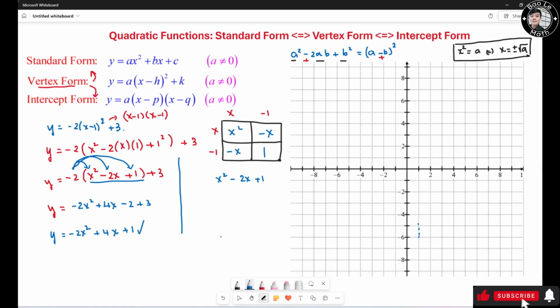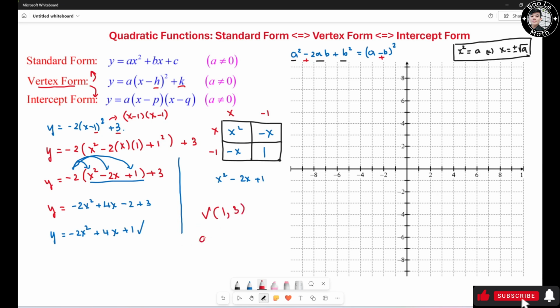Alright. So, in order, now I need to graph this one using the vertex form, right? So my vertex is h and k, which means 1 and 3, right? The vertex is going to be 1 and 3.